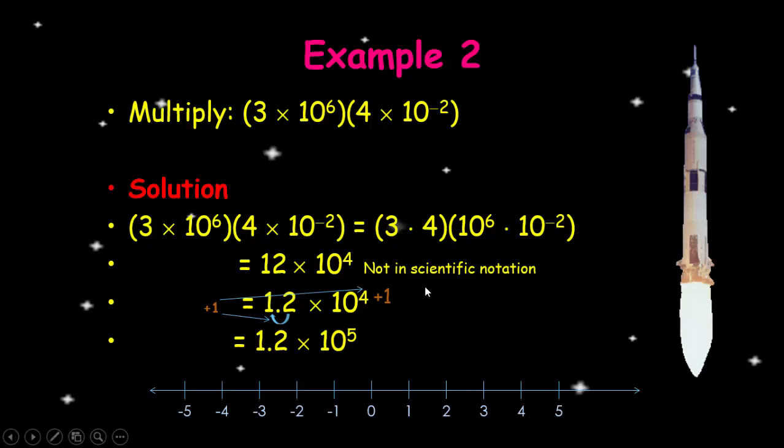And if we were to look at what's going on with the exponents on a number line, we go to 6, and then minus 2, and then because we have to add 1 to the exponent here, we add 1 and we get 5.